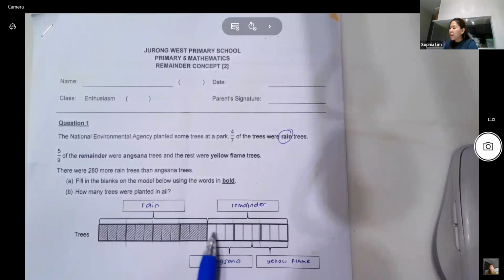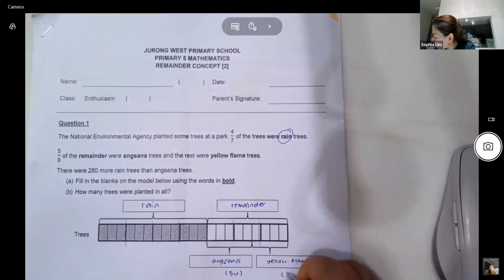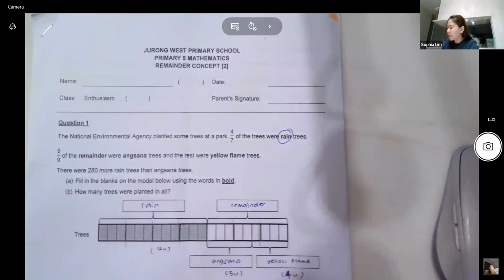But because they say 5 out of 9, you realize that this is already subdivided for you into 9 units and they take 5. So I write down the 5 units here, the 4 units here, and the 12 units here.